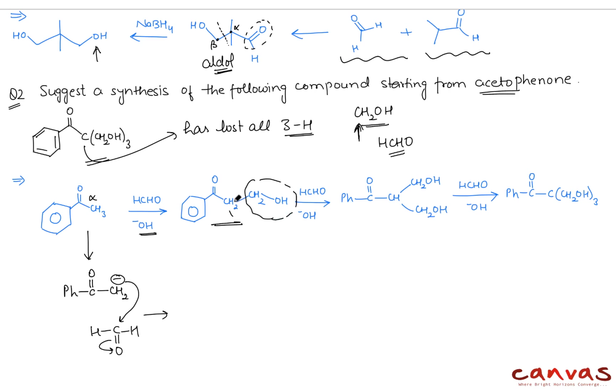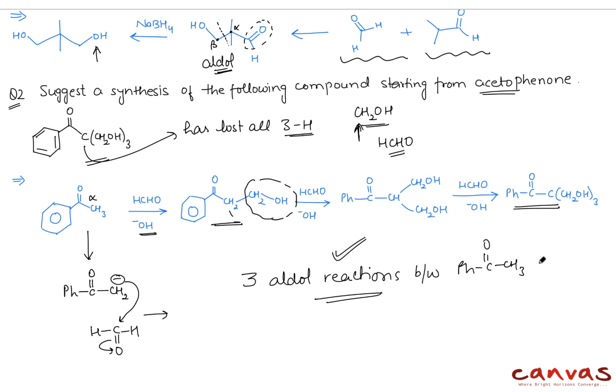Now these two hydrogens must also be replaced by CH2OH, meaning we need to carry out two more steps with HCHO. So we need to repeat this procedure until all three hydrogens have been replaced, and this is the product you get. So this reaction will involve three aldol reactions or three aldol condensations between acetophenone and HCHO.